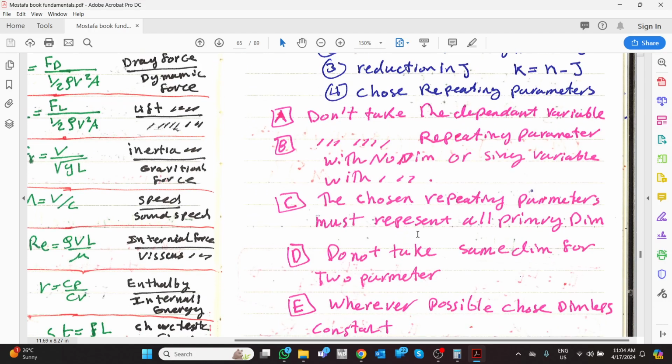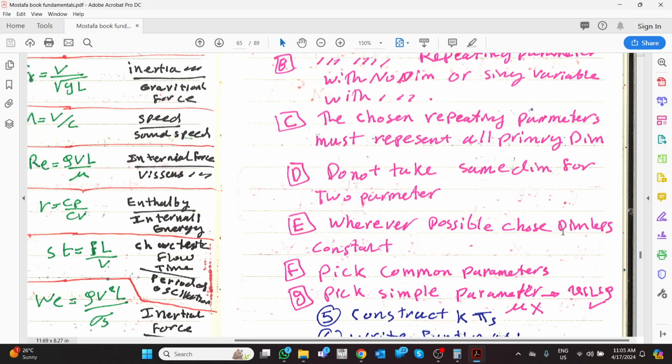Also choose repeating parameters which together represent all primary dimensions. For example, if time is not included as a dimension in the repeating parameters, don't do it. Try to add another parameter that has time and remove one. Don't take the same dimension for two parameters. For example, velocity and c are both the same dimension. Don't do it.